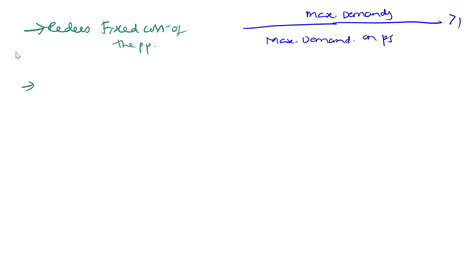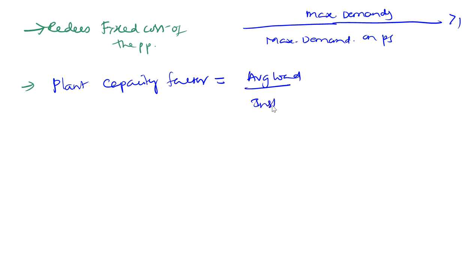it is the plant capacity factor. So the plant capacity factor, also known as capacity factor, is defined as the average load divided by installed capacity, or plant capacity.